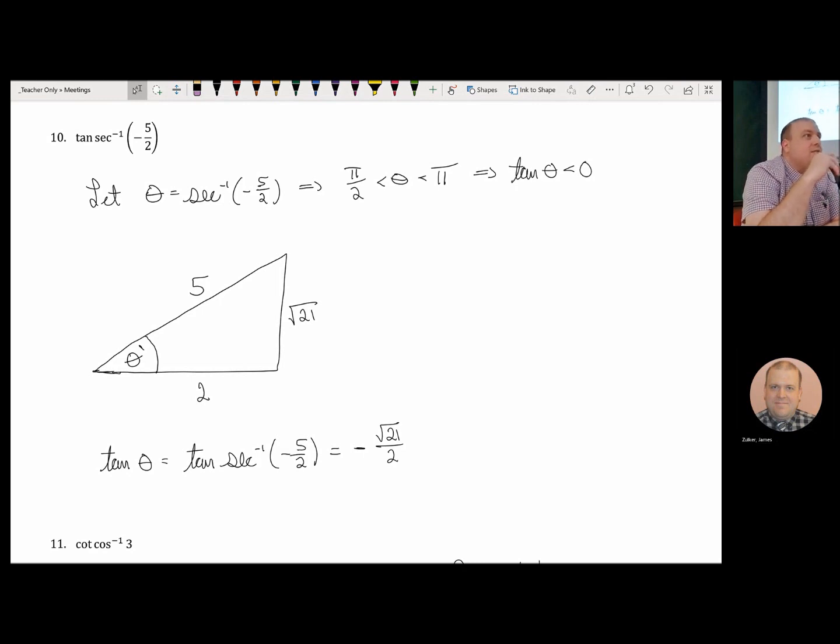What we're going to look at next is some more identities. Specifically, we're going to look at the sum difference identities, double angle identity, half angle identity, reduction identities, sum to product, and then product to sum.